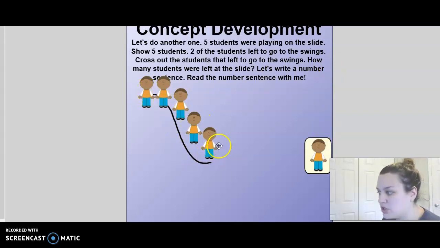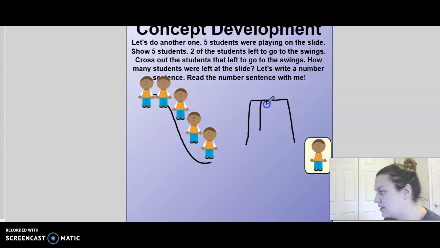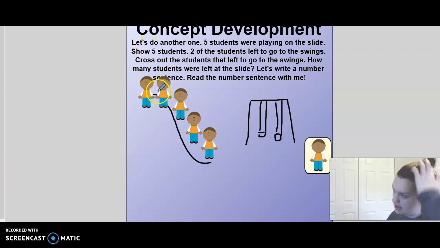But for the purpose of our picture, I wanted to show you they were all on the slide, okay? And then some students are going to go to the swing set. So I'm going to have a swing set. Okay, there's our swing set. So we have a slide and a swing set, okay?